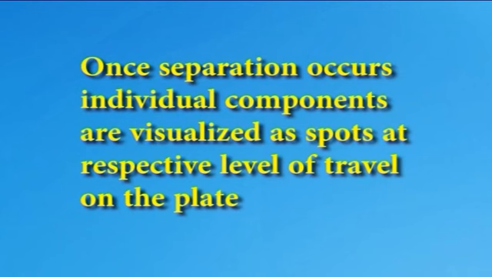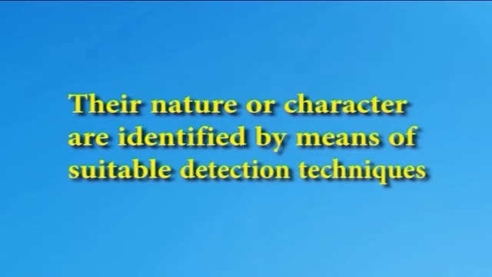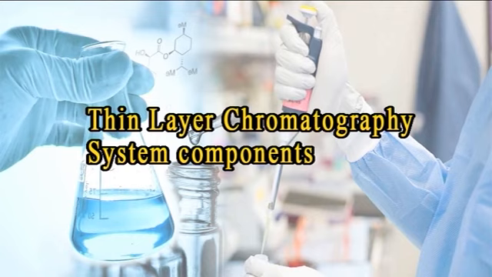Once separation occurs, individual components are visualized as spots at respective levels of travel on the plate. Their nature or character are identified by means of suitable detection techniques. Thin layer chromatography system components.